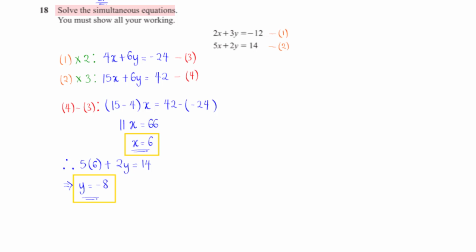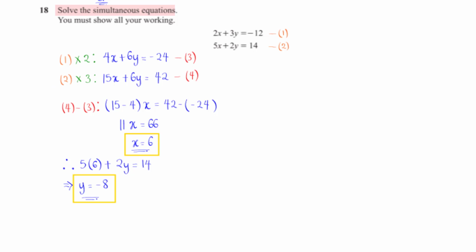To get 6y in equation 1, we have to multiply by 2. So 2 times 2x is 4x, 2 times 3y is 6y, 2 times negative 12 is negative 24. To get 6y in equation 2, we have to multiply by 3. So 3 times 5x is 15x, 3 times 2y is 6y, and 3 times 14 is 42.